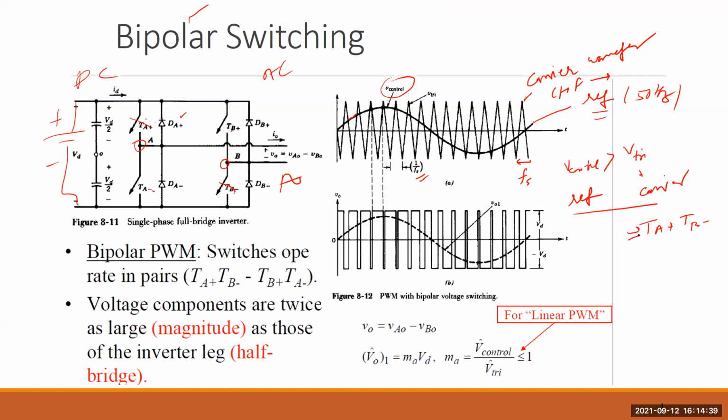They are on. Whenever the reference is higher than the triangle, this diagonal pair is on.